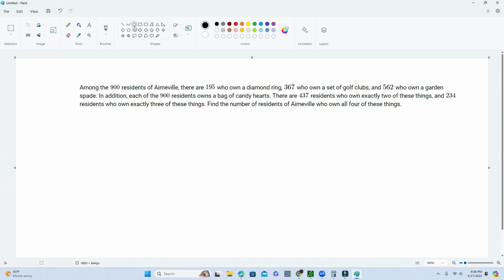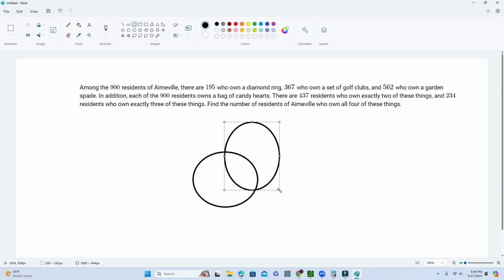So let's just create a simple 4-way Venn diagram. We have this circle here. Then after that, let's put this circle here. Then we put this circle here. And then we would put this circle here. Now this isn't perfect, but it will do.